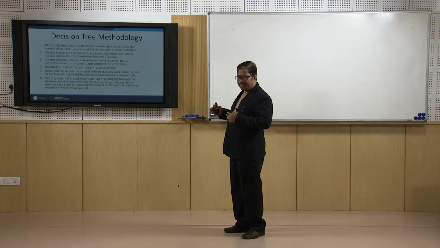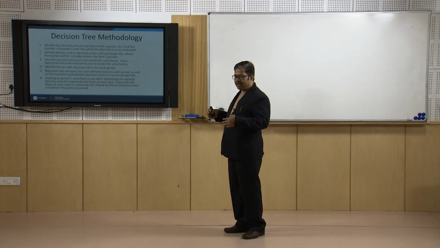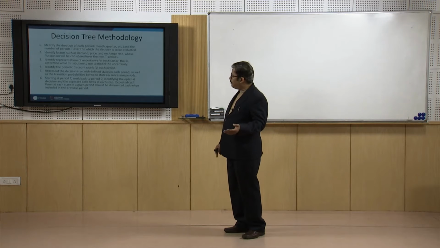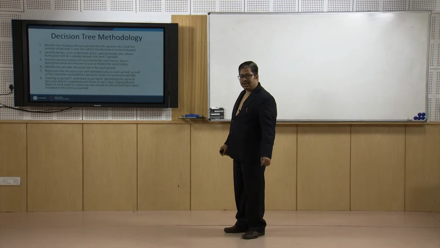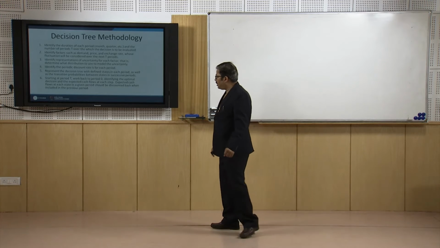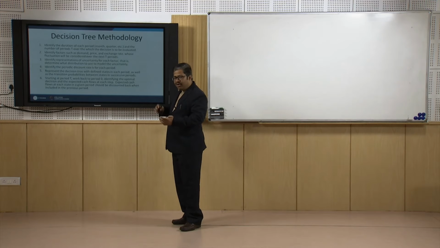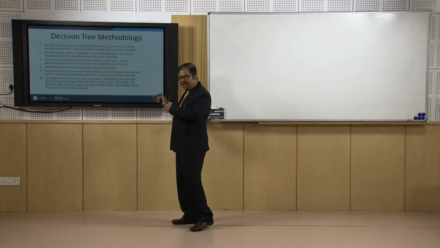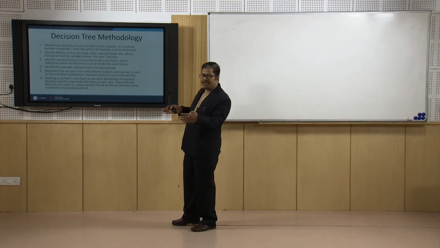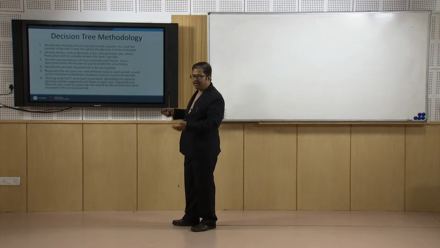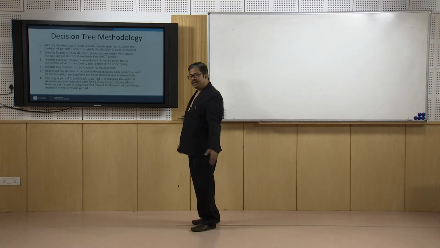Then we need to represent the uncertainty for all these underlying factors, and we also need to know the time value of money, and for that purpose we require some kind of discounting rate. Then we need the transition probability from one state to another state, and then we start calculating from period T, the last period, to period 0, from where we started building this decision tree.